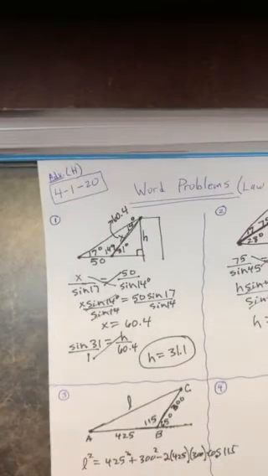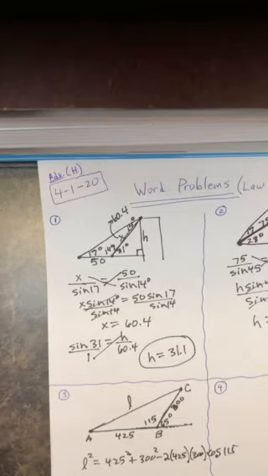You should be able to type all that in there. So here I go: 425 squared plus 300 squared minus 2 parentheses 425 parentheses 300 times cosine of 115.